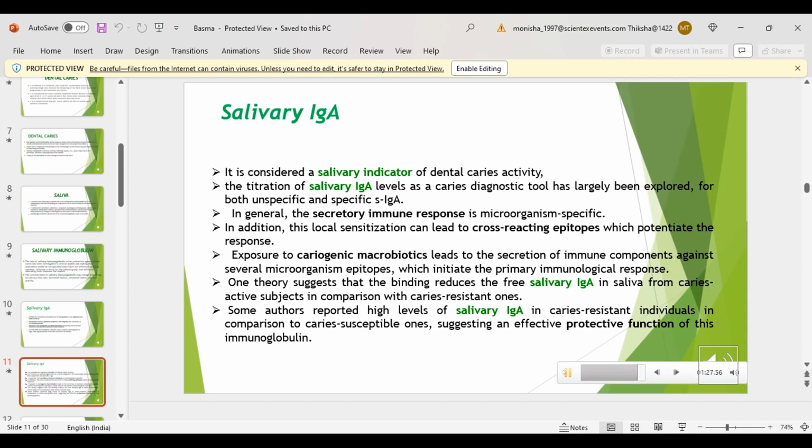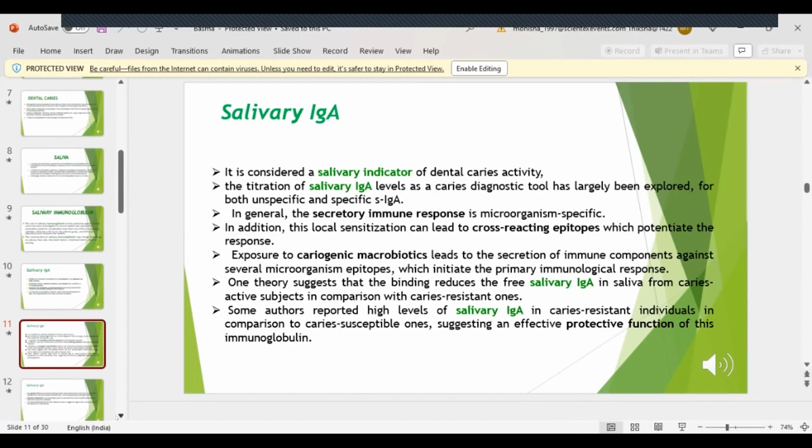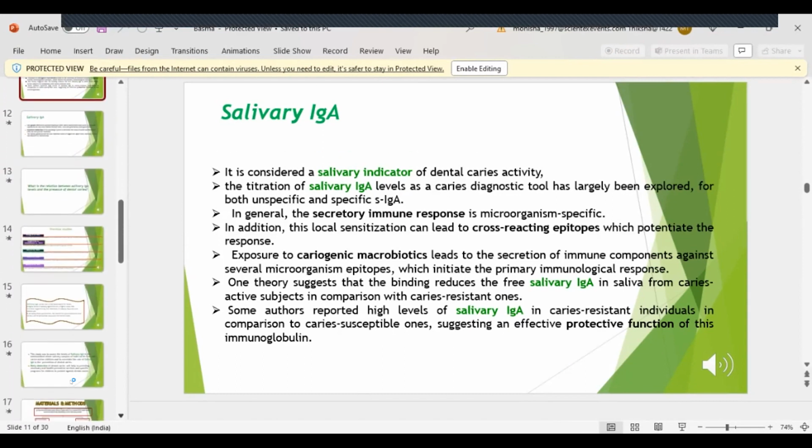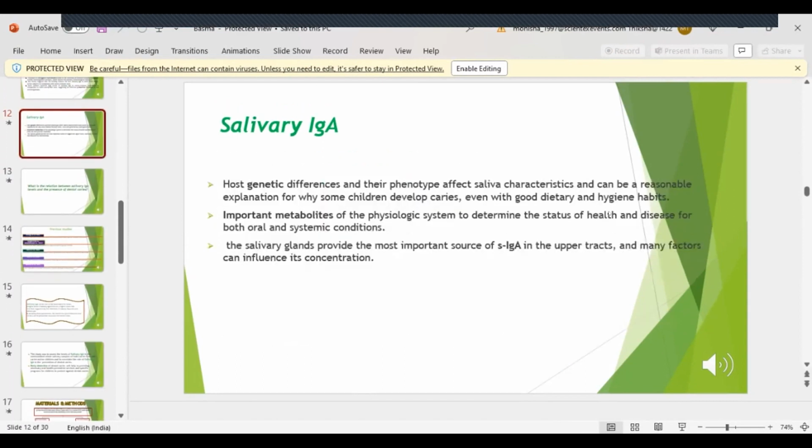Some authors reported high levels of salivary IgA in caries-resistant individuals in comparison to caries-susceptible ones, suggesting an effective protective function of immunoglobulin.